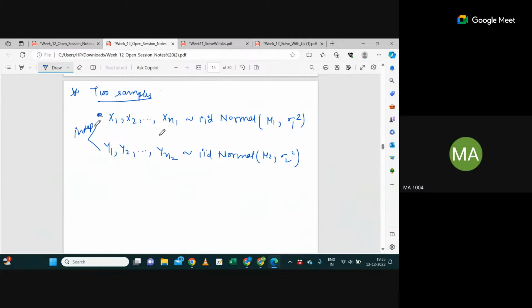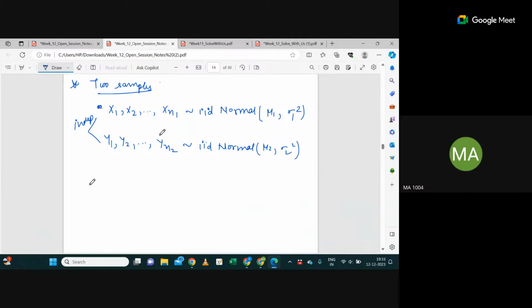And these two are independent. Now tell me, by the previous information, what will be the distribution of x bar? Yes, it's normal, but I'm asking about mean and variance.